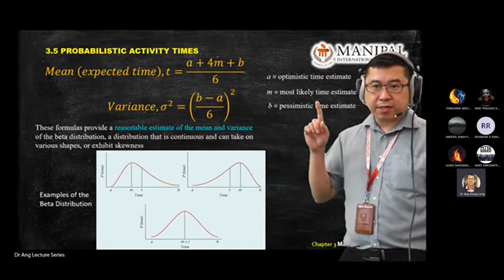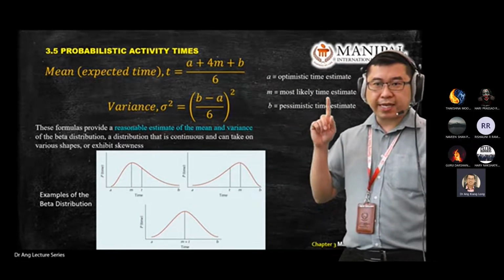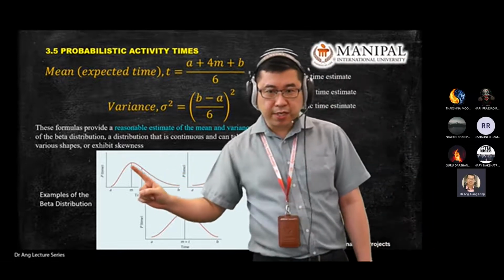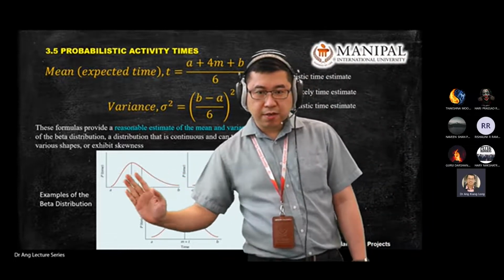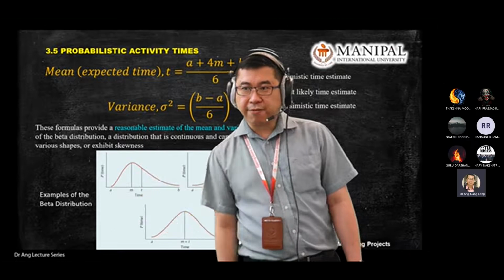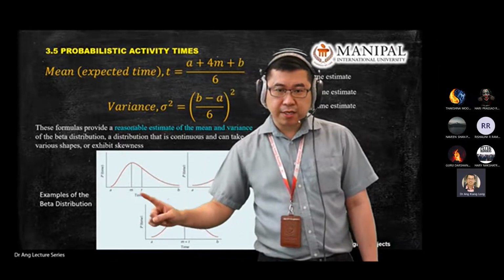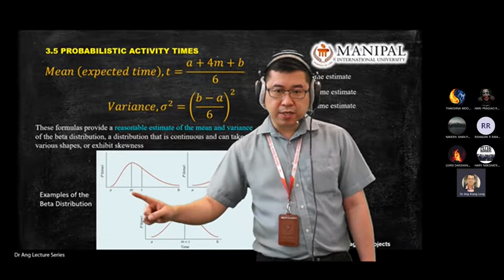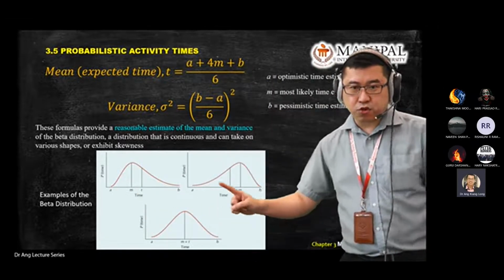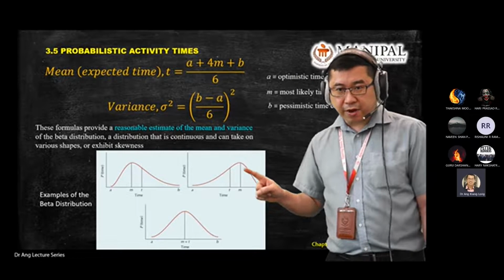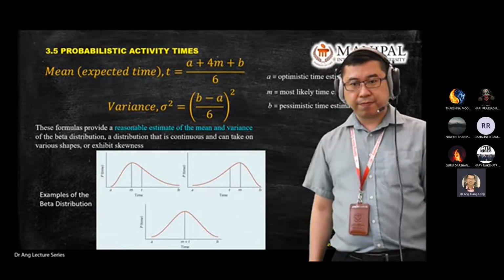M is most likely to happen. So you see the curve is towards the left, and then the T is here, the mean is here, the most frequent is here, and then this one is shifted to the right. You have an M here, T here.